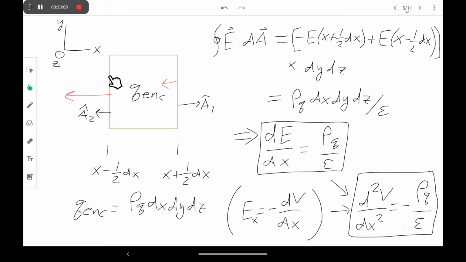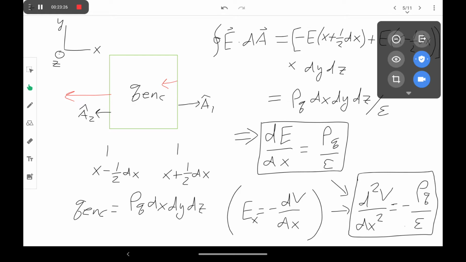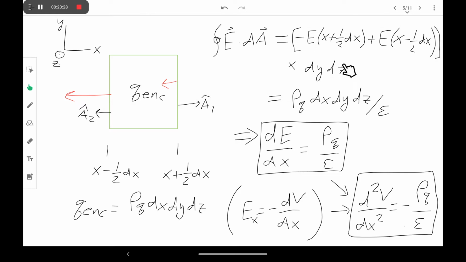Okay, now on this face, the electric field and the area vector point in the same direction, so I get a positive electric field at that position, x minus 1/2 dx, also times the area, which is dy dz. So that is the result of integrating over this whole surface. Most of the sides gave 0, and then the remaining 2 sides had a constant field times the area of those sides.